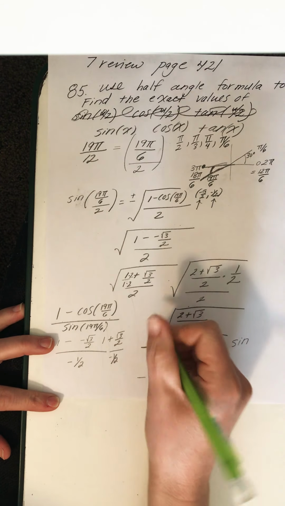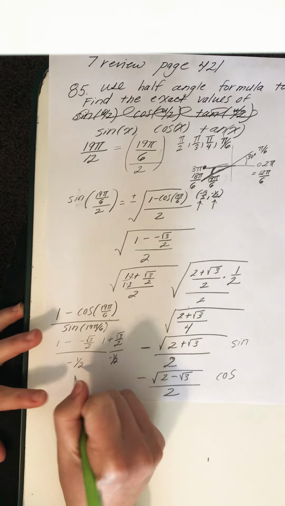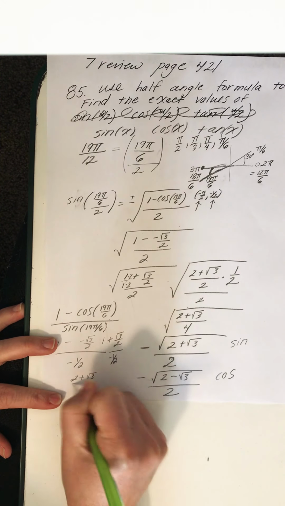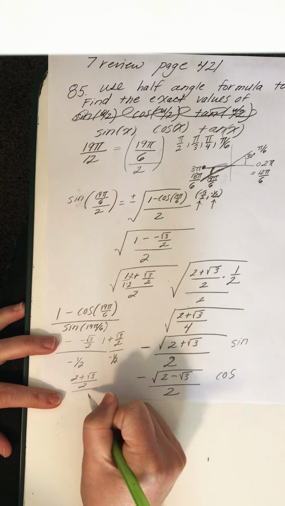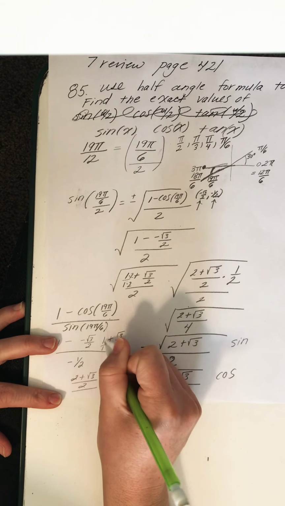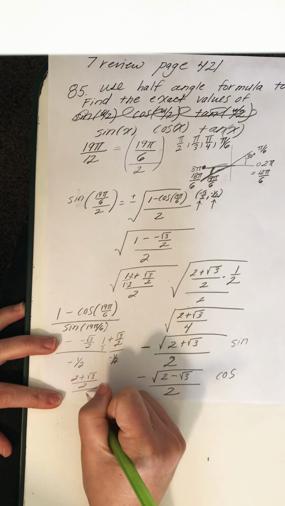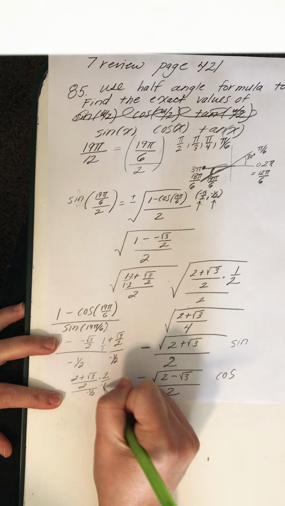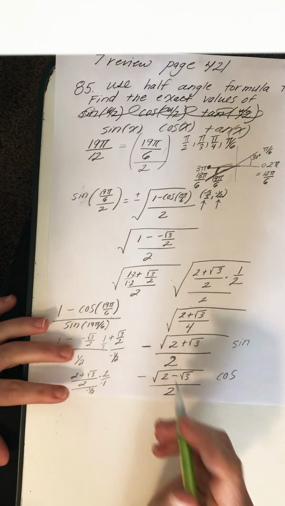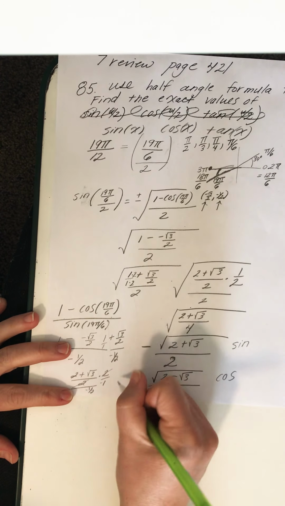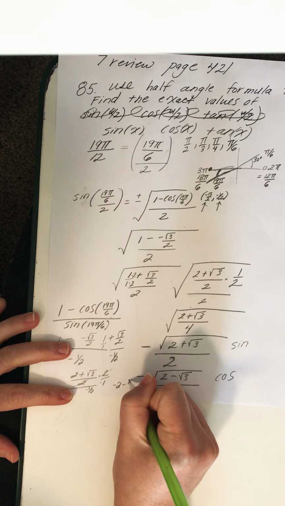So then common denominator, sorry, I'm trying to write so small, it's kind of making me confused, to be honest. 2 plus root 3 over 2 divided by negative 1/2, flip and multiply, times 2 over negative 1. So then from there, we would multiply straight across. Your 2's would divide out, so that'd be negative 2 minus root 3.